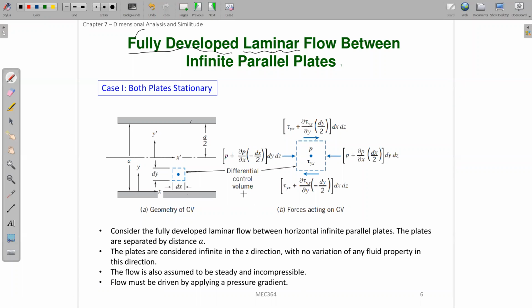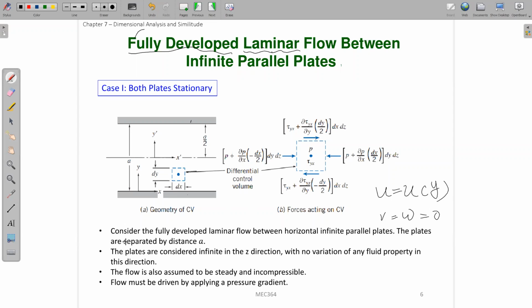The flow only has u velocity, and because it's fully developed, u is only a function of y. U is not a function of x, because for the fully developed flow the velocity profile is not changing in the x direction. So u is only a function of y, and v and w equal 0. We do not have any velocity in the y direction and the z direction.